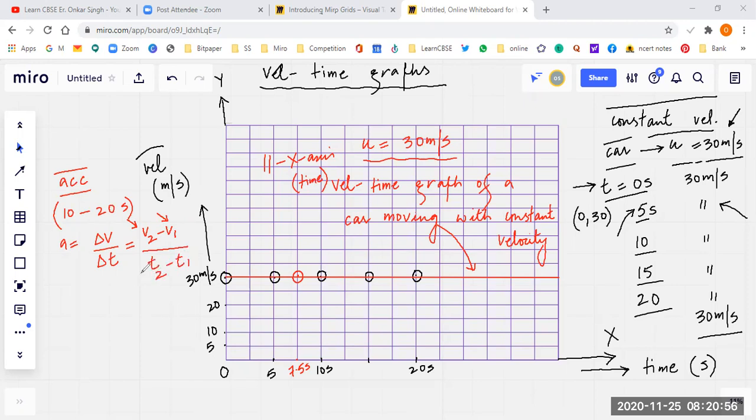T2 is the final time and T1 is the initial time.